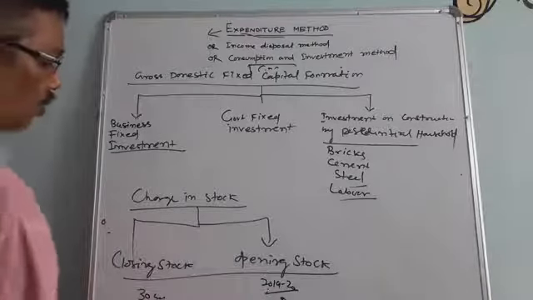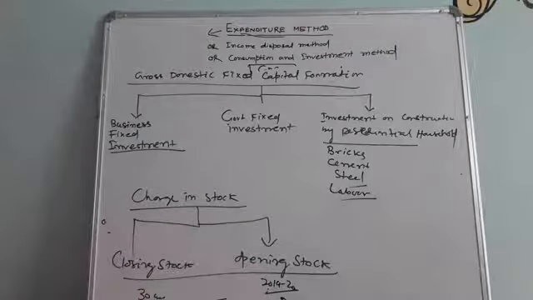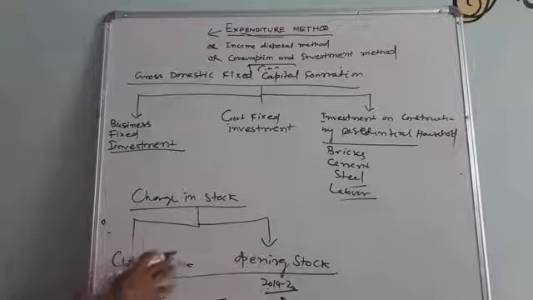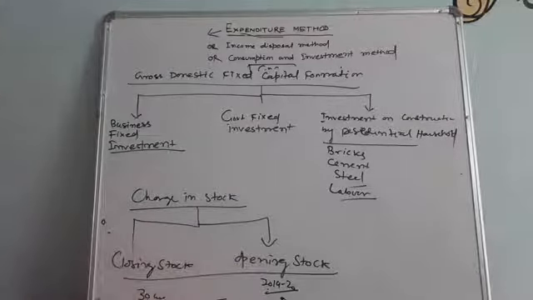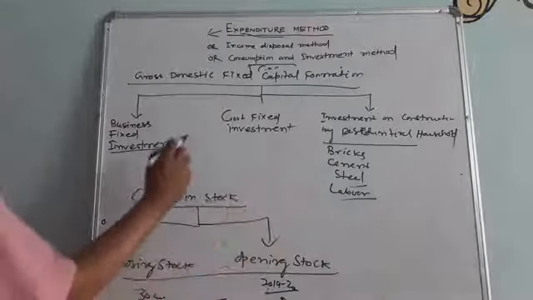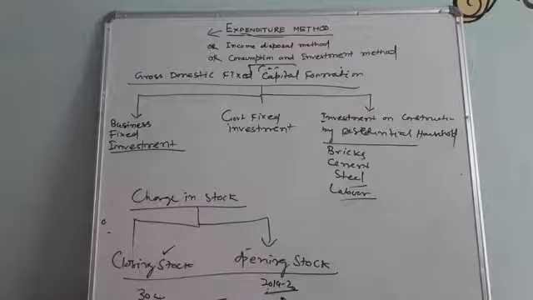So 30 crores minus 20 crores equals 10 crores. This is called change in stock. Remember, in economics it is different: closing stock minus opening stock, whereas in commerce it is opening stock minus closing stock. So please remember, in economics it is closing stock minus opening stock. Don't be confused.